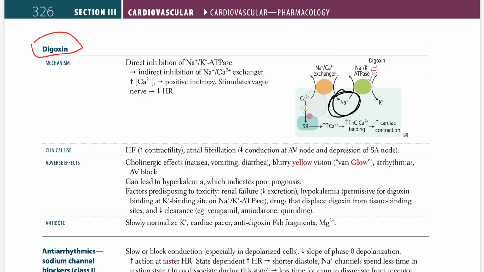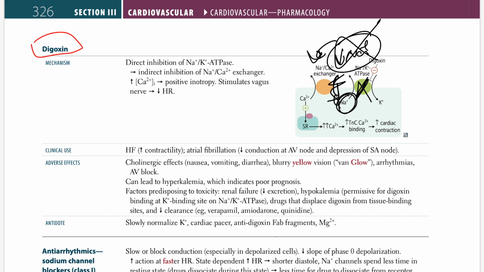Let me erase this all again. So when you inhibit this, sodium remains inside. There is low sodium outside, which is going to run this channel, right? If sodium was outside, this would run here. But since we don't have it, this channel will not work. When this channel won't work, the calcium also remains inside.